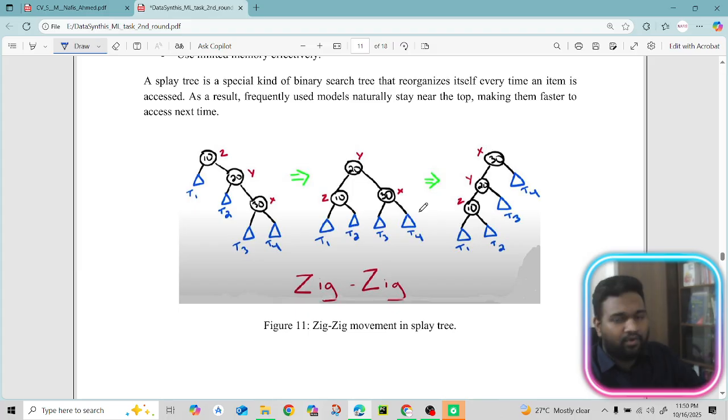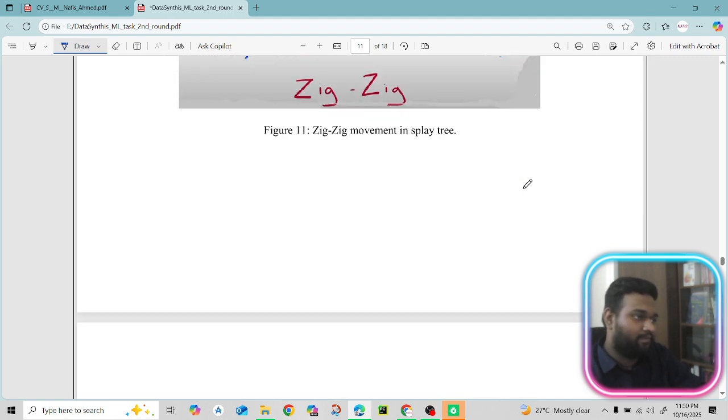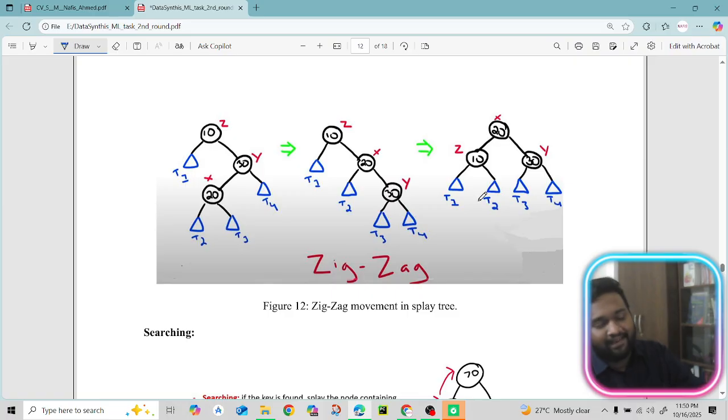There are two ways. Zig-zig means left rotate. If I rotate for x, if I left rotate one time, it will look like this. And if I left rotate one more time, then x will be the root. This is zig-zig.